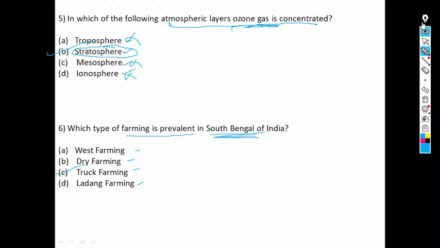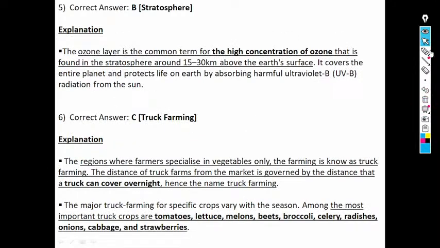Okay, we'll discuss now. Stratosphere: the ozone layer is the common term for the high concentration of ozone that is found in the stratosphere. High concentration means around 15 to 30 km above the Earth's surface.